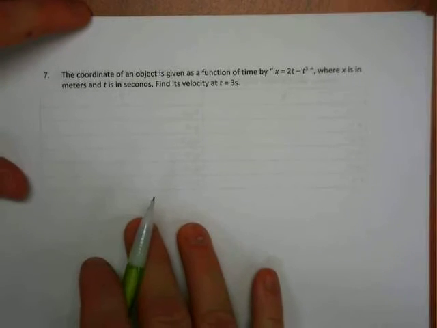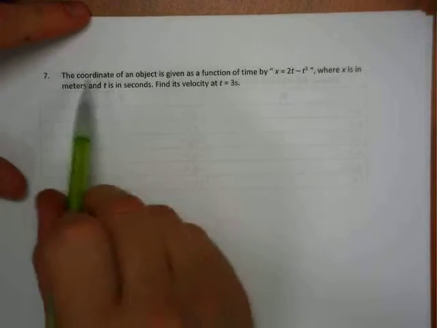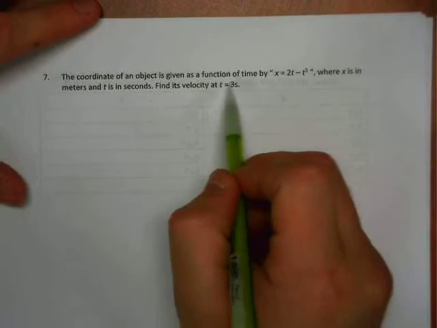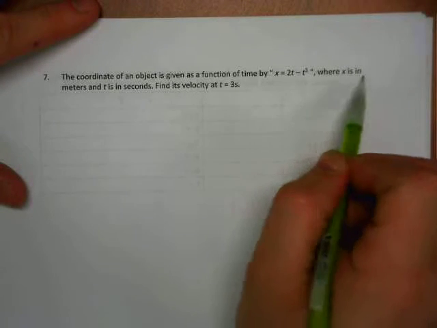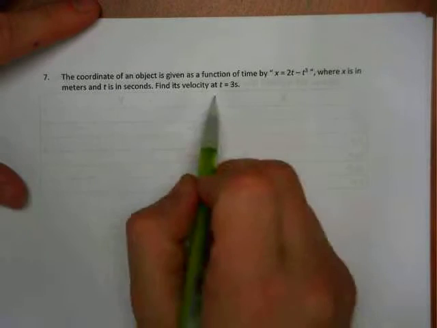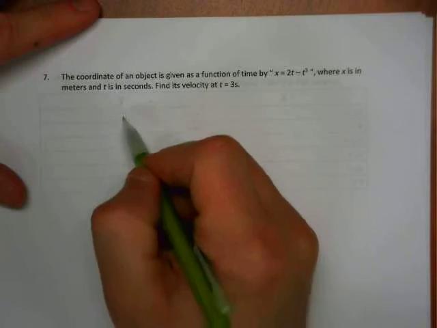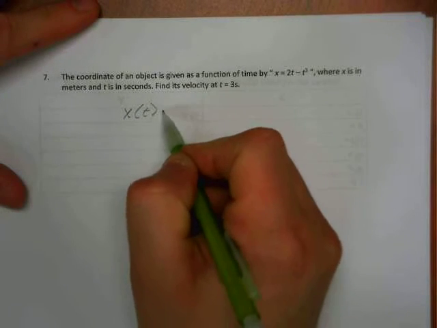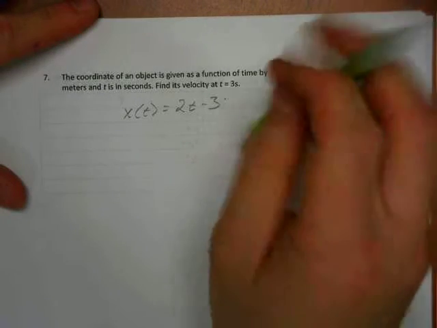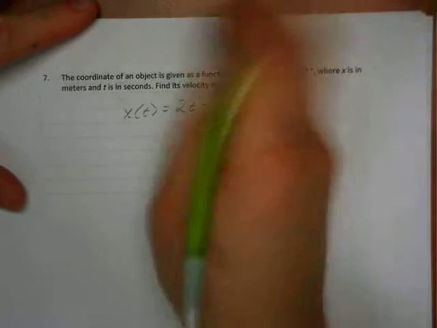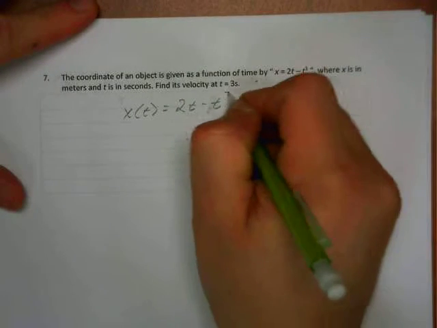Okay, we have one of these calculus problems here. The coordinate of an object is given as a function of time by this equation, where x is in meters and t is in seconds. Find the velocity at t equals 3 seconds. So you have the function x of t equals 2t minus 3 minus t to the third.